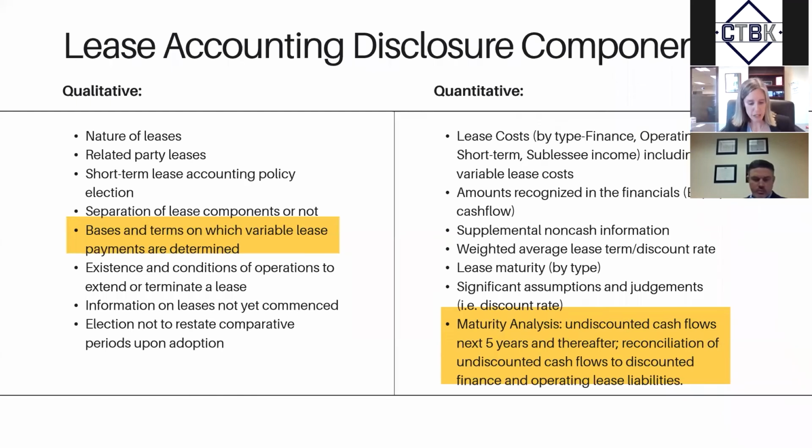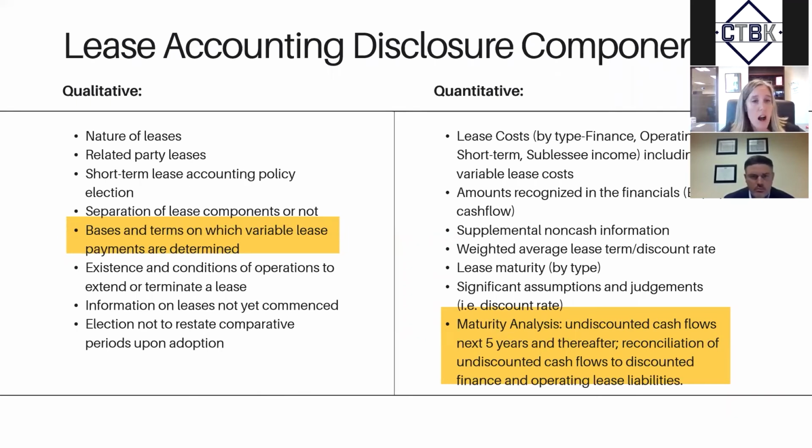And again, we revisited this in the first lease webinar: what are the required disclosures? So, just to repeat, some of the qualitative and quantitative disclosures are listed here. I'm not going to go through them in detail, but there is the nature of the leases, and the short-term lease accounting policy election. So if you're not including any lease under 12 months in your leased assets, then you would put a disclosure that you're doing that.